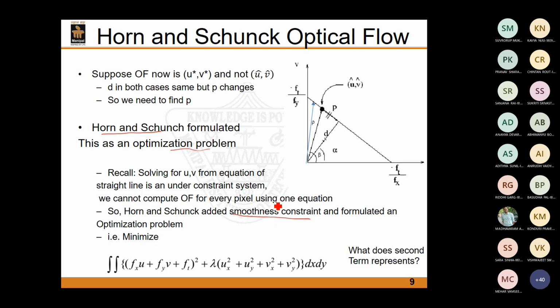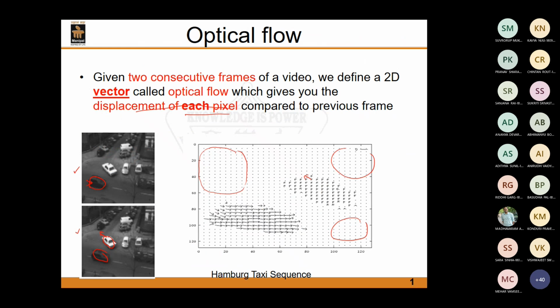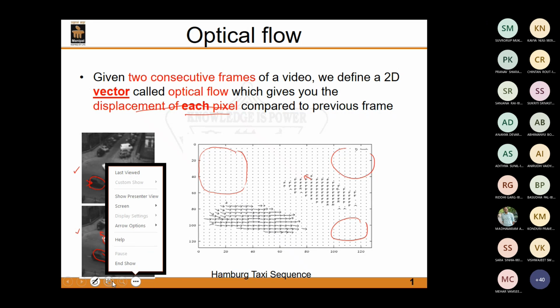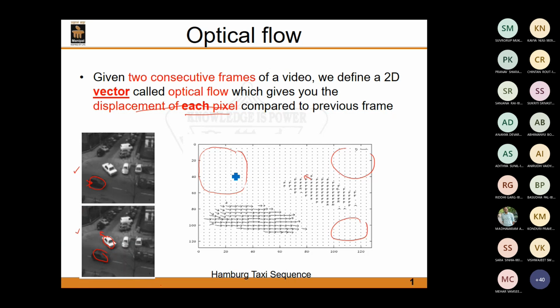So what the smoothness constraint means is, I'll show it using this particular example once again. Let me assume this particular region which is shown here. I don't need a big region, let's say I'm taking some small region.